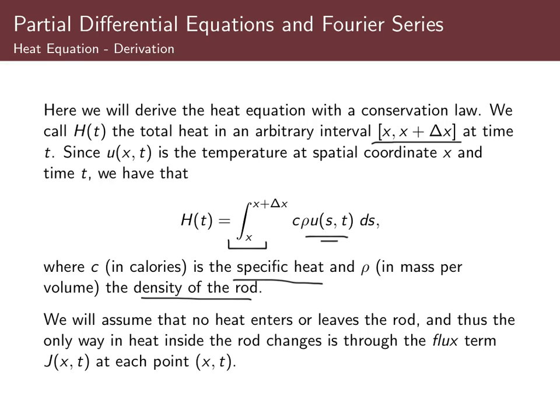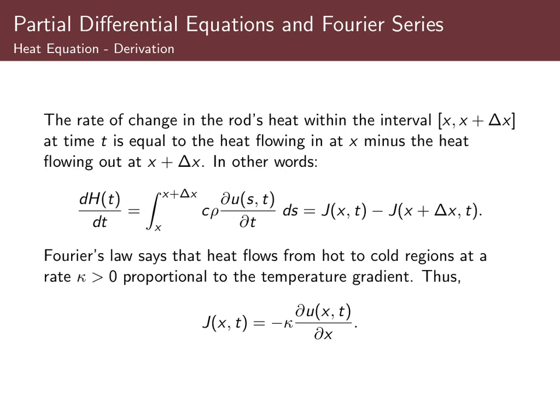We will assume that no heat enters or leaves the rod via forces, and thus the only way in which heat inside the rod changes is through the flux term J(x,t) at each point (x,t). The rate of change in the rod's heat within the interval (x, x + Δx) at time t is equal to the heat flowing in at x minus the heat flowing out at x + Δx.